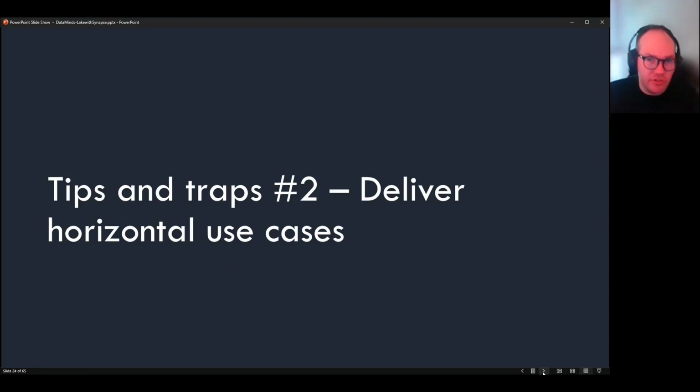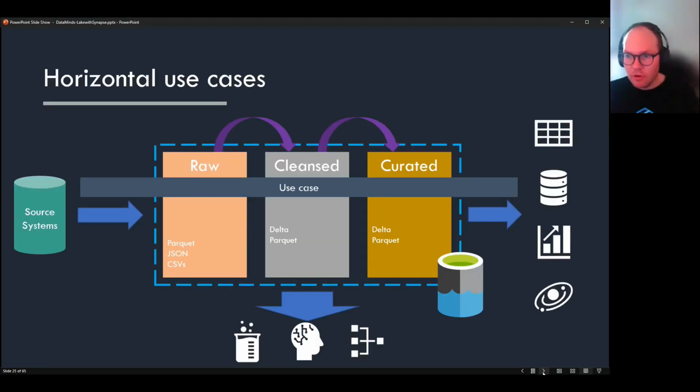The second tip, and this generally goes for all modernization strategies, is to deliver horizontal use cases. The biggest mistake I see customers make with adopting a Lakehouse approach, or truthfully any architecture, is they go from their source systems into raw. They do all their source systems into raw, and they're like, great, we've got a data lake. But they've burned through 6, 12 months or whatever, and they've got data sitting in a data lake.